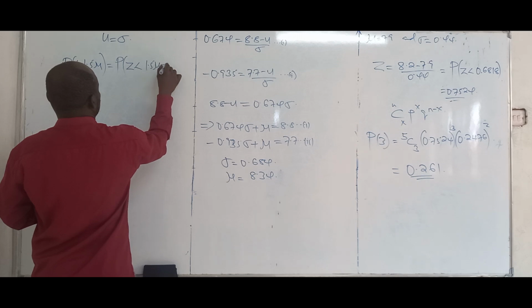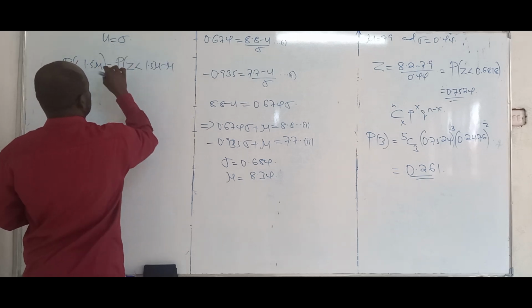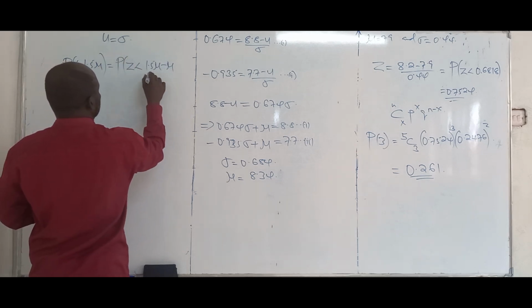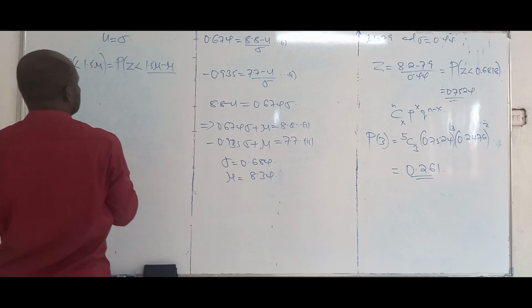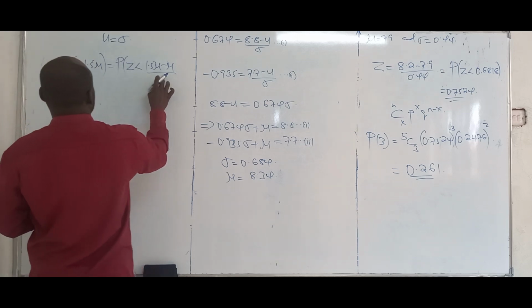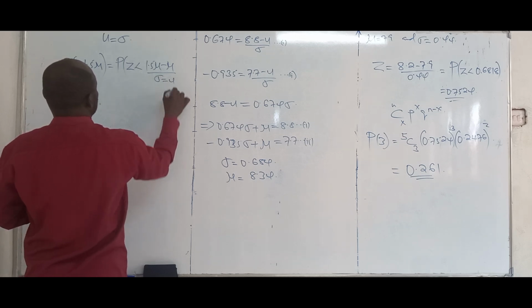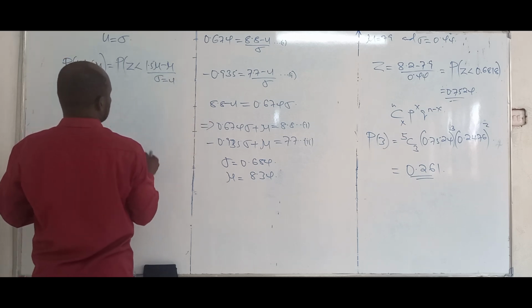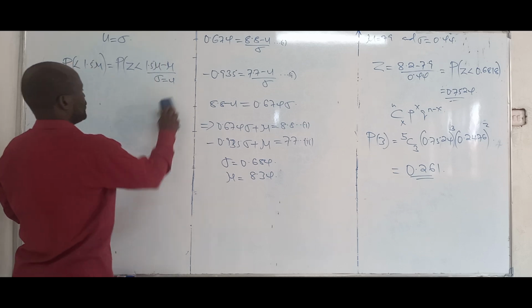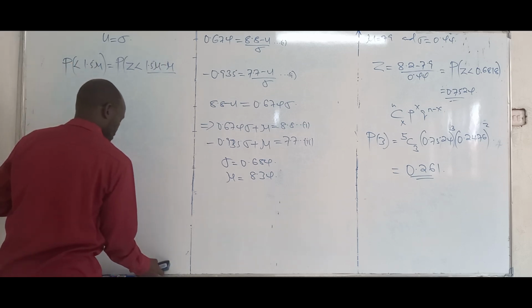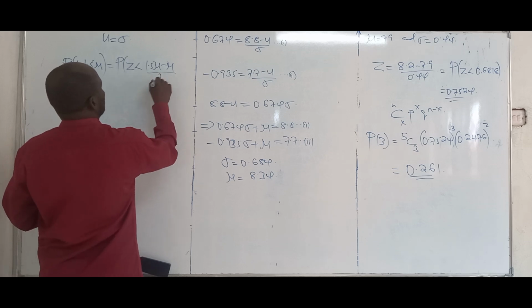1.5 mu minus mu, because that's the mean anyway, divided by the standard deviation, which I would have written as this, but it's also the same as the mean. So because I want convenience up here, I will just call it the mean. So it's mu.